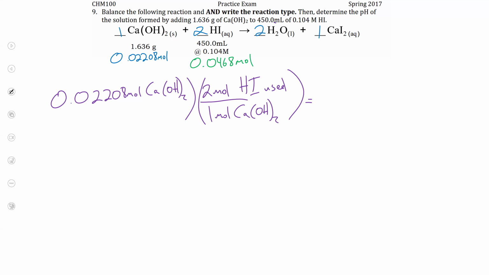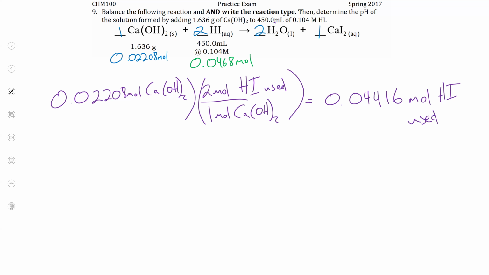And we'll get 0.04416 moles HI used. Do we have that much? We have more than that, right?